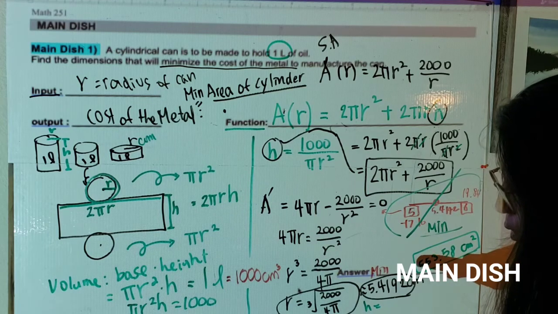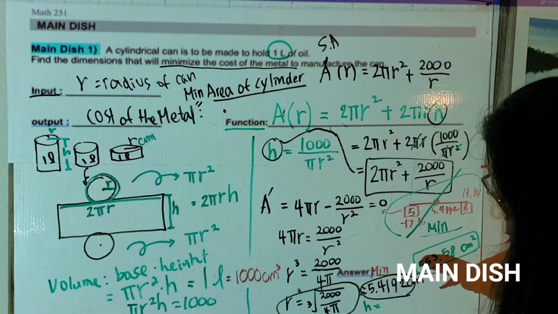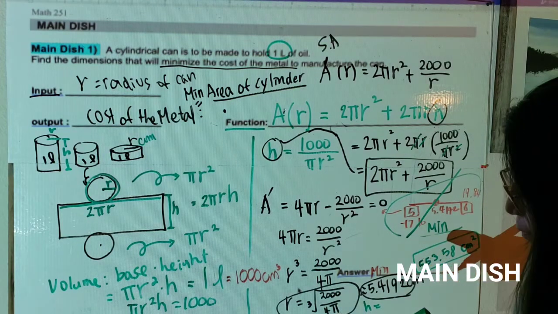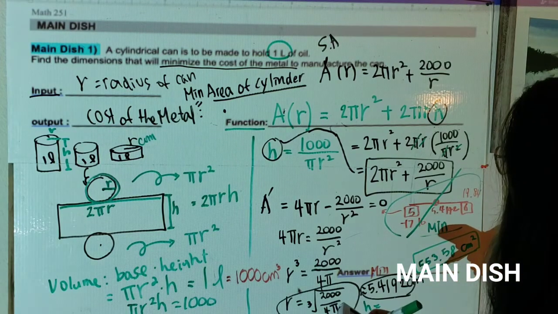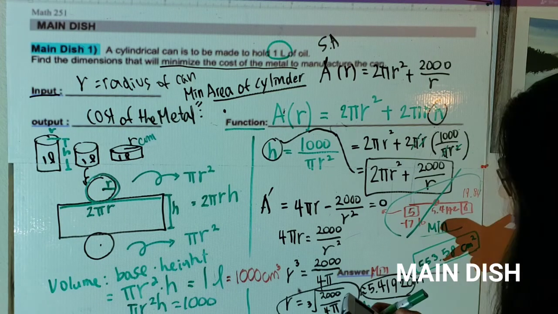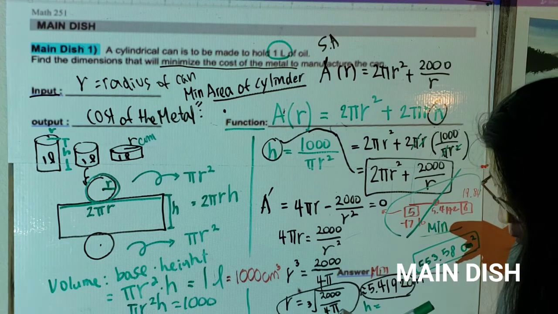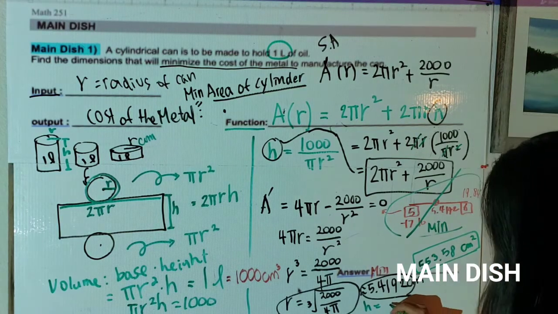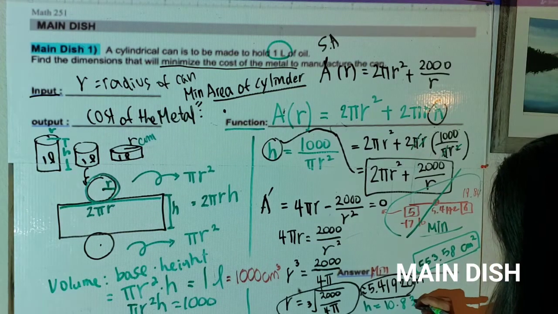So 1000 divided by pi and 5.4192 squared. Yeah, exactly what I guessed. So I got 10.8387.